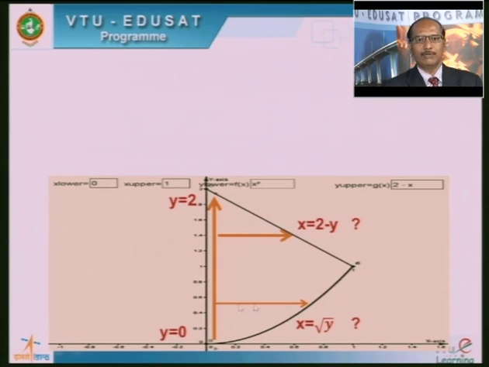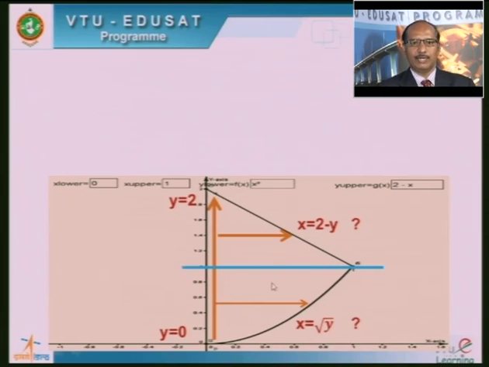We cannot take any one here because it reaches either a straight line or a parabola. So you need to split the region into two parts, where they intersect, at the point (1, 1).